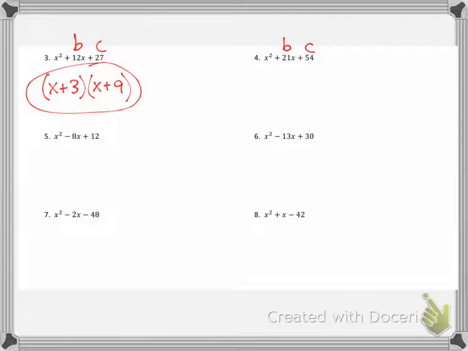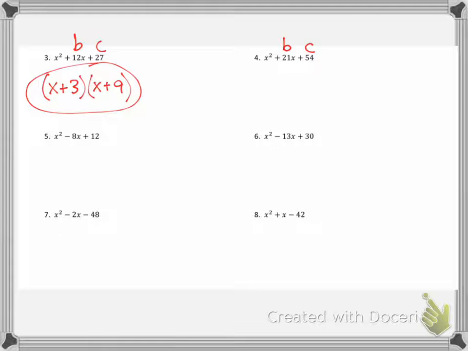Number 4, x squared plus 21x plus 54. Two numbers that multiply to 54 and add to 21. First two numbers that come to my mind are 6 and 9 that multiply to 54. But the problem is if I add 6 and 9, that gets me 15. So that's a bad set of numbers.